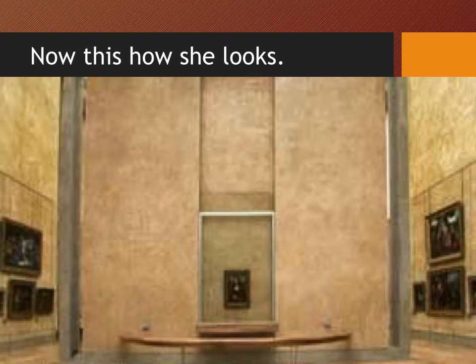So if anything should ever happen to this piece, she has an elevator that will recess into the wall, and she will go down the elevator 6 stories into the ground into a private vault that the director is the only person that can open. And so if somebody should happen to fire a weapon or a smoke alarm goes off, she will recess into the wall and immediately be gone.